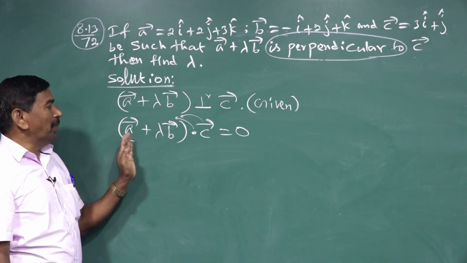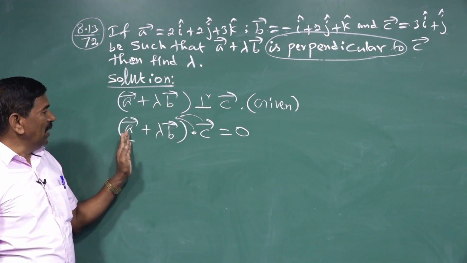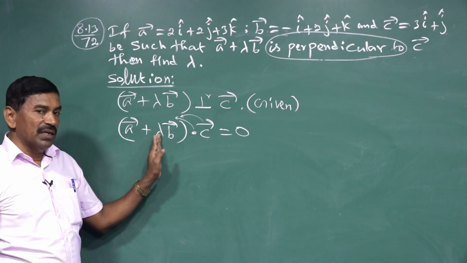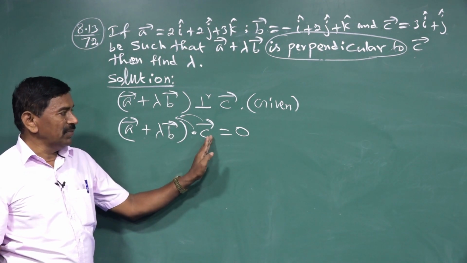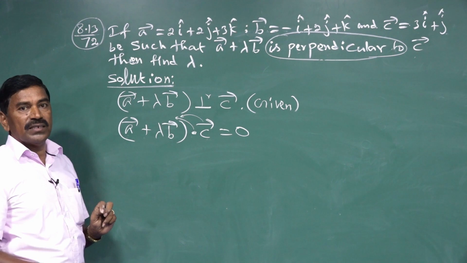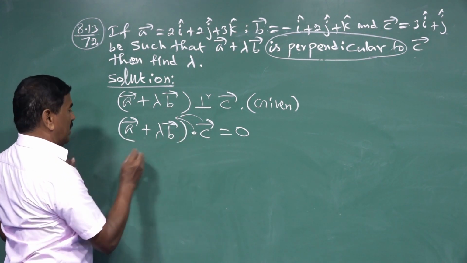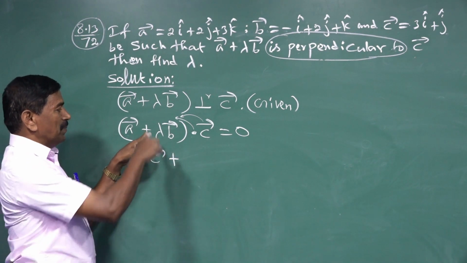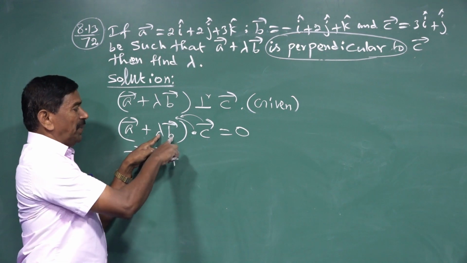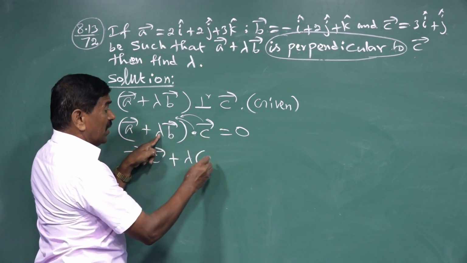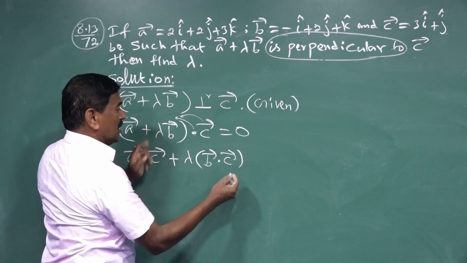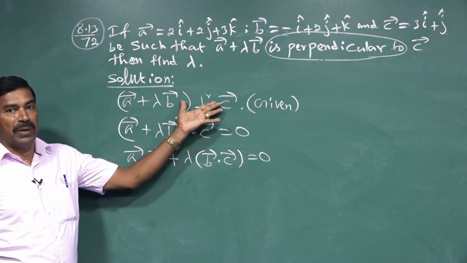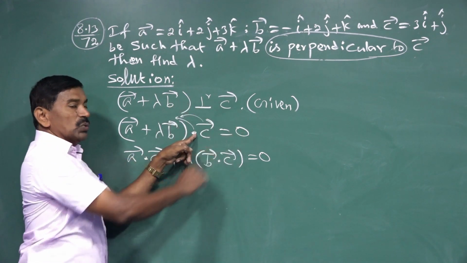We get by using distributive law: a vector dot c vector plus lambda into b vector dot c vector equal to 0. That's all. Step 1: a vector dot c vector, plus lambda into b vector dot c vector is equal to 0. It is very simple. If the two vectors are perpendicular, then their dot product is equal to 0.